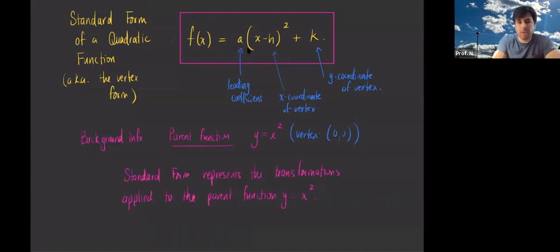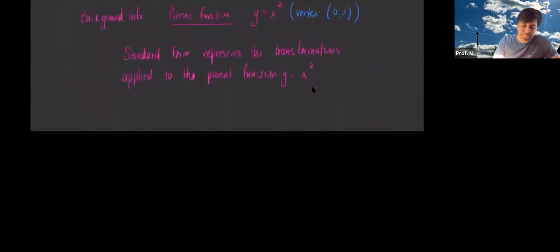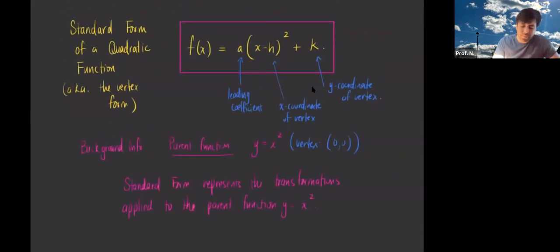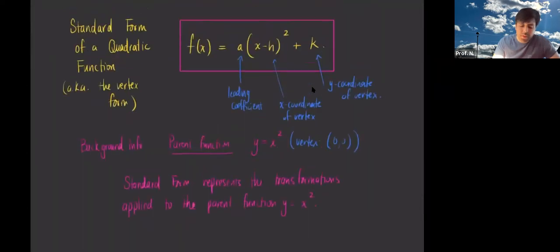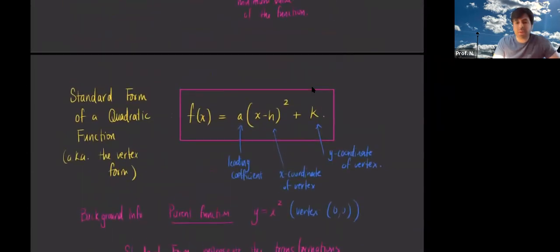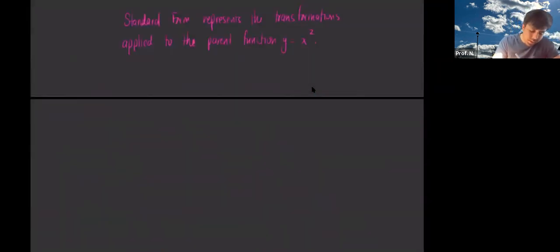So now what we're going to be concerned with is how to go from general form to standard form. So how do we convert the general form to standard form?